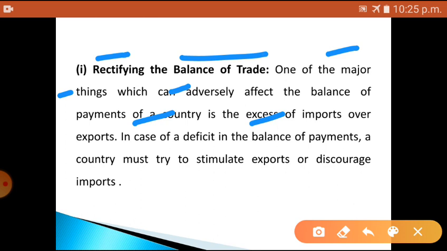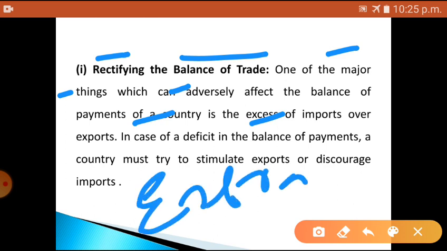We are importing more goods into the country and exporting less.